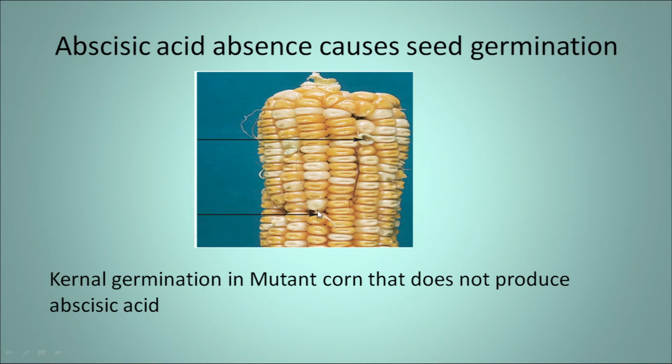They have started germinating while they are still attached to the cob, because they lack the capability to synthesize abscisic acid. So, this clearly shows that it plays a very crucial role in maintaining dormancy of seeds to avoid an unfavorable environment.